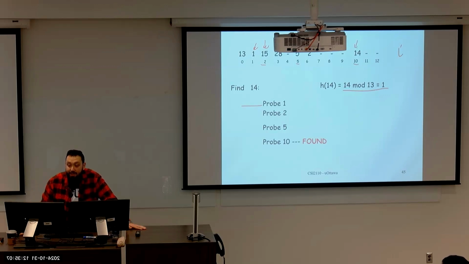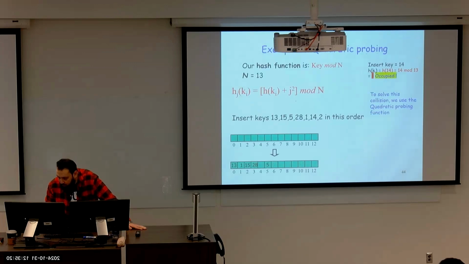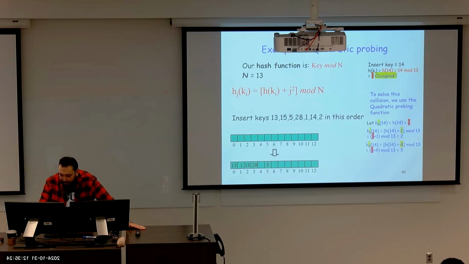So I found it. Now I'm saying, okay, I'm deleting 5. I deleted 5. So this is empty. Now, if I'm doing probe 1, that means I'm doing the calculations, the function here. It showed me 2, right? It's occupied. I'm doing it again. It's showing me 5.